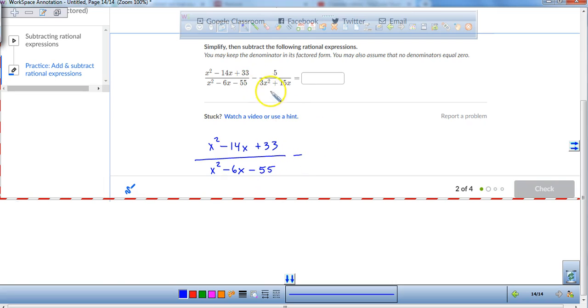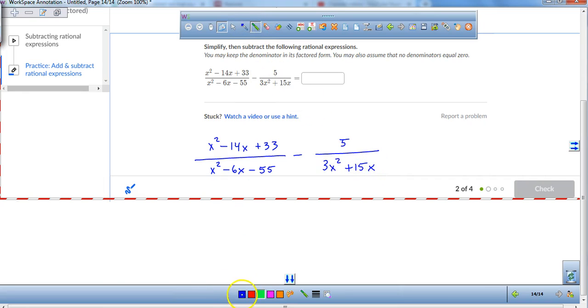Make sure I put the minus sign right there. Minus 5 over 3x squared plus 15x. Now I'm going to highlight each of these in a different color. I'm going to put this one in blue, this one in red. Let's go green.